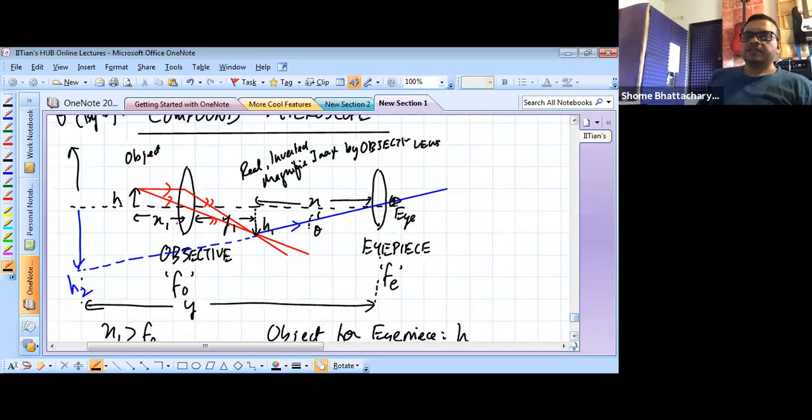Okay, so your eye is finally seeing this, and its angular size is going to be this theta, which is the same as the angular size of the object in terms of x. So h2 by y is the same thing as h1 by x. So basically, the relationship between this h1 and h2 with respect to the eyepiece is the same as the relationship between the object and the lens in the case of a simple hand lens.